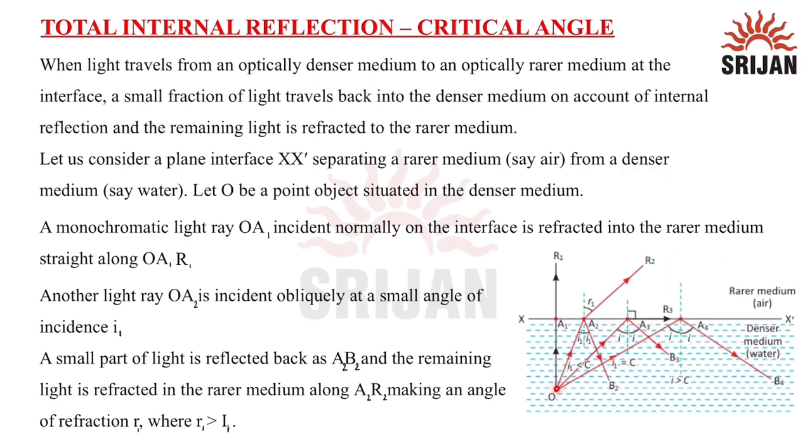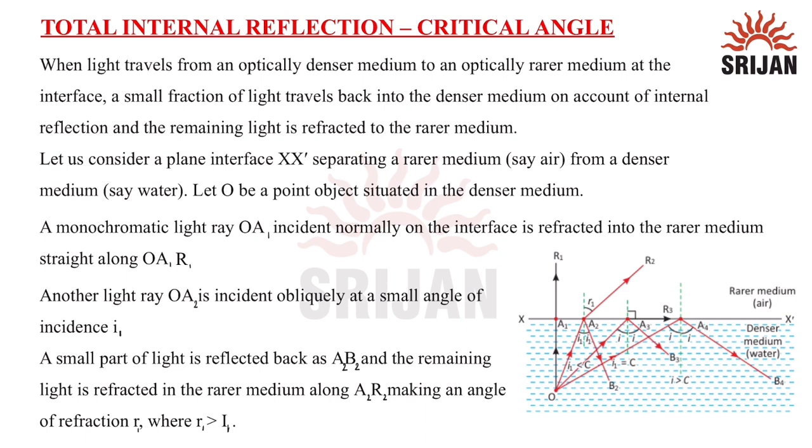Let point O be the point object situated in the denser medium. Now, a monochromatic light OA1 incident normally on the interface is refracted into the rarer medium straight along OA1 R1, right? As it is incident normally, it will not bend in any particular direction while changing the medium.